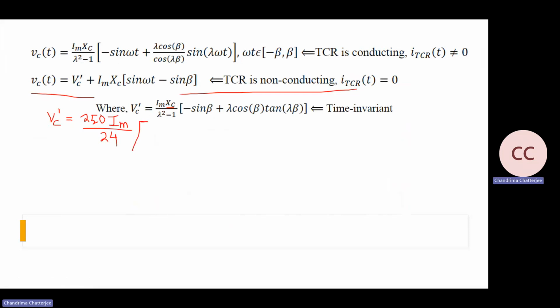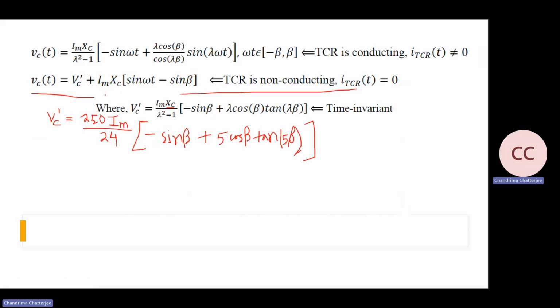And here we have sine beta plus 5 cos beta, then tan 5 beta. This is VC dash.